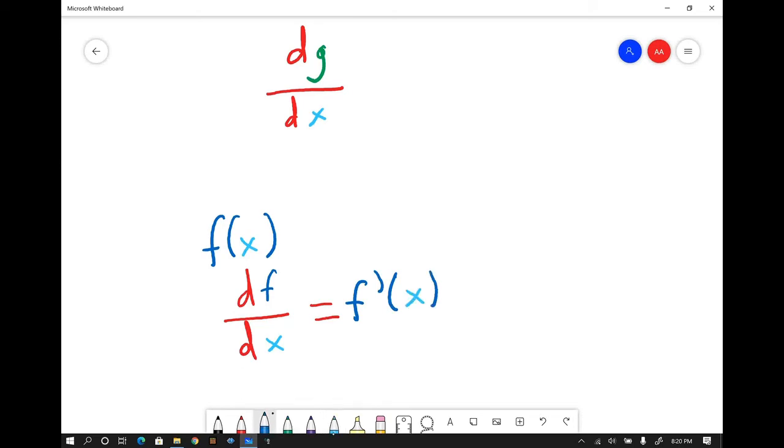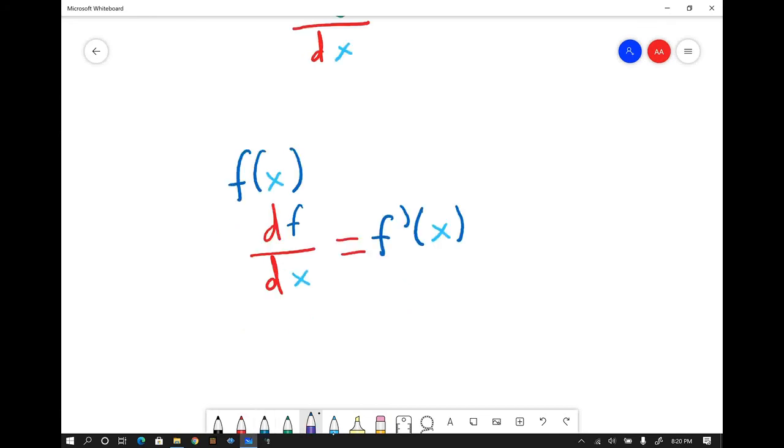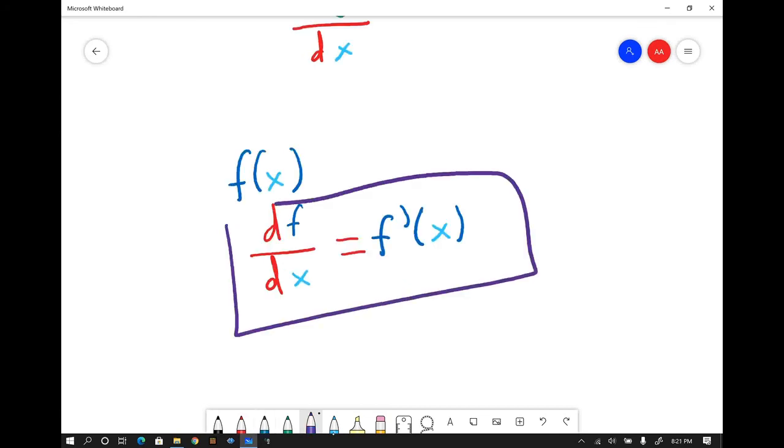And this is saying that it's the first derivative. Now, we can get into first and second derivatives, but that's going to be in a future video. For now, what we need to know is that this means the same thing.